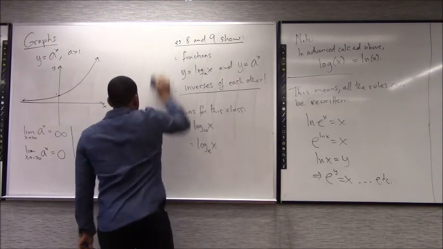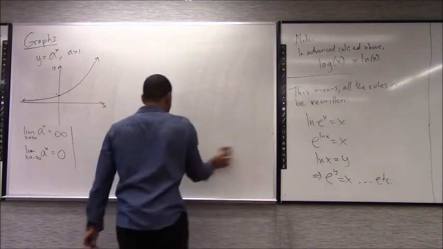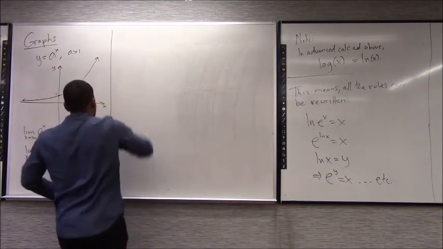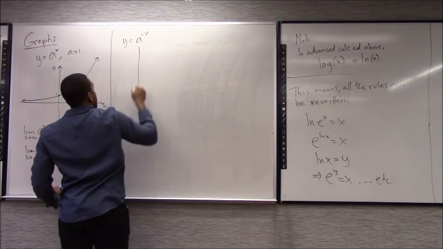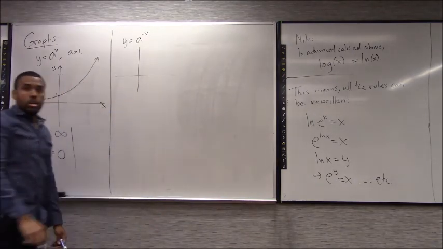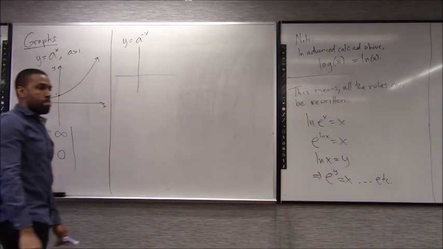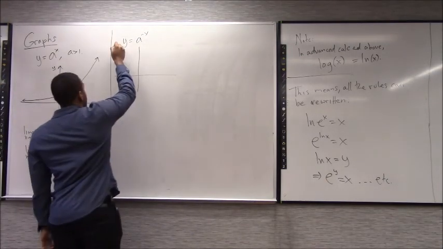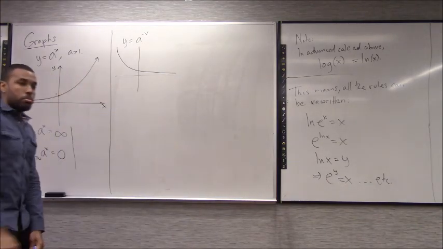We can also remember our transformations. In the same way, if I say y is equal to a to the minus x, what would that graph look like? You reflect in the y-axis, by the law of transformation.